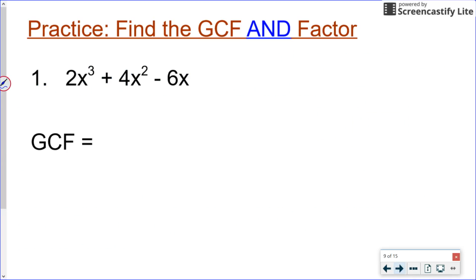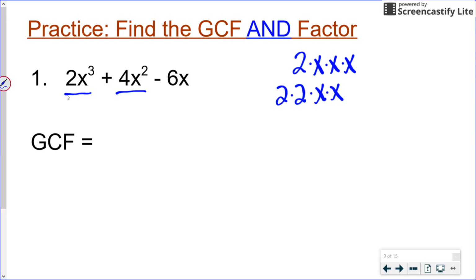So first step, we got to find the GCF of each of our terms. Remember, this is a trinomial. It just means we've got 3 terms. So I'm going to factor all 3 terms. So for 2x cubed, that's 2 times x times x times x. For 4x squared, my factors are 4, 2 times 2, and then I've got 2 x's.